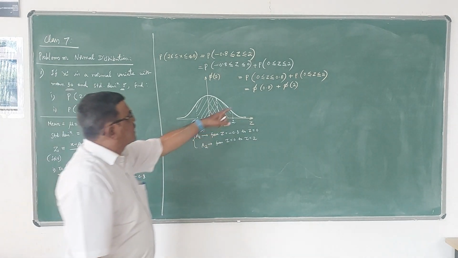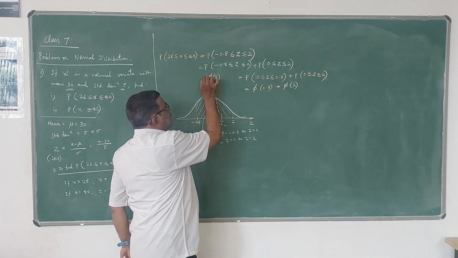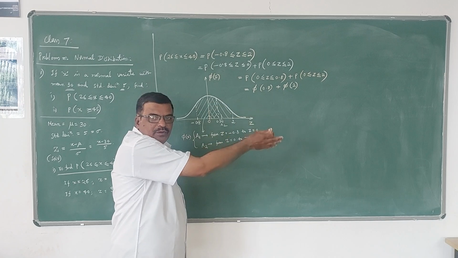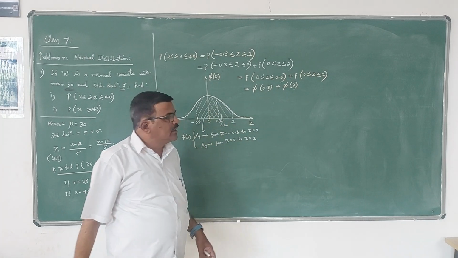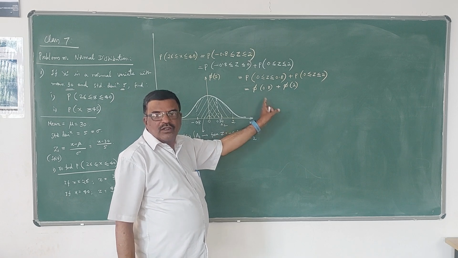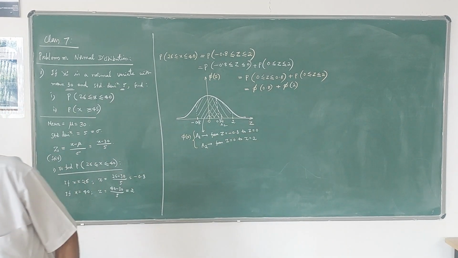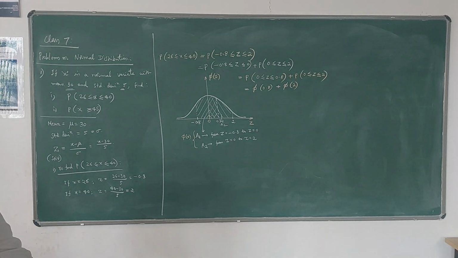Z is 0.8 here. We measure from z equal to 0 to the right side. From the table, you know the values of phi of z for all positive values of z. I explained the table this morning, and the table will be provided in the examination.